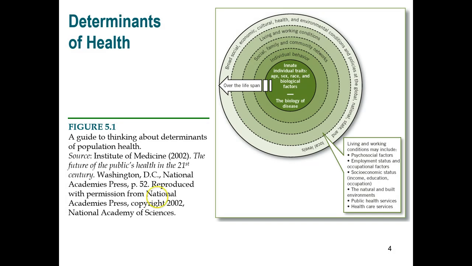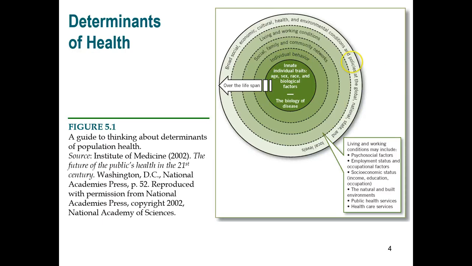This graph right here is what I want you to focus in on for the population health model. It encompasses the entire model. On the inner circle are your individual traits, what you're born with: your age, sex, race, and biological factors, whether white, Hispanic, Black, Asian, no matter what your race may be.